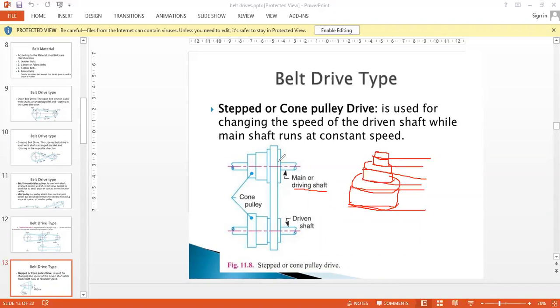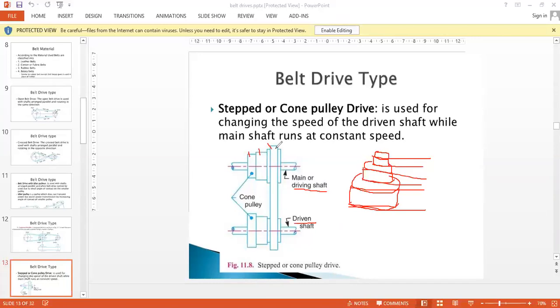So this is one kind of pulley arrangement that has been done. Similarly onto the driver end also, we will have the reverse order of this. If we take from here, starting from the left, we have first a smaller diameter, then medium, and then a larger diameter. So if you look at the driver end, it will be the reverse.